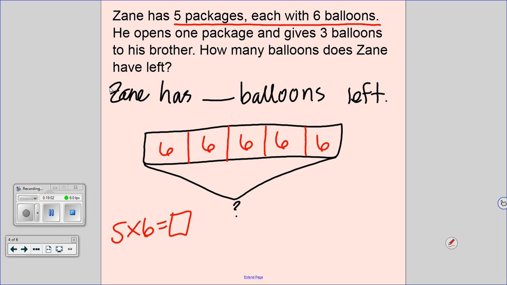What else is going on in my problem? Look at my story. What else is going on, Kaylee? Underline that in another color. He gave 3 balloons to his brother.